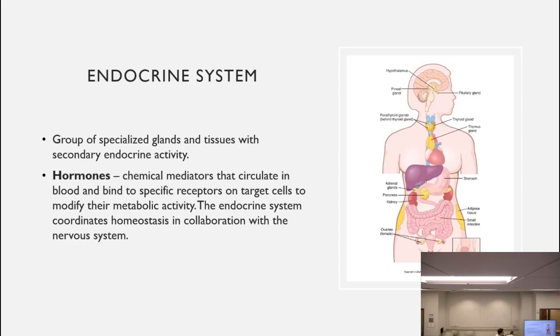A hormone is a chemical mediator that circulates in the blood. It's produced by an endocrine gland, organ, or tissue, and will bind to receptors in distant organs, sometimes not so distant. Consider, for example, the hypothalamus and pituitary, which are very close.